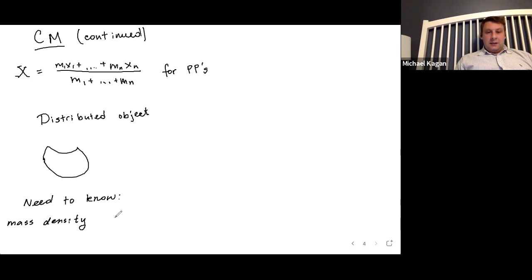Okay, so what is a mass density? As you know, if the object is uniform, the mass density is just given by mass over volume. And by the way, this is the Greek letter rho. But what if the object is not uniform? Well, that means density is not the same at different places in the object, but at each place you basically zoom in, zoom in, zoom in, and if you zoom in enough, calculus tells you that the density should be more or less uniform within that little piece of the object.